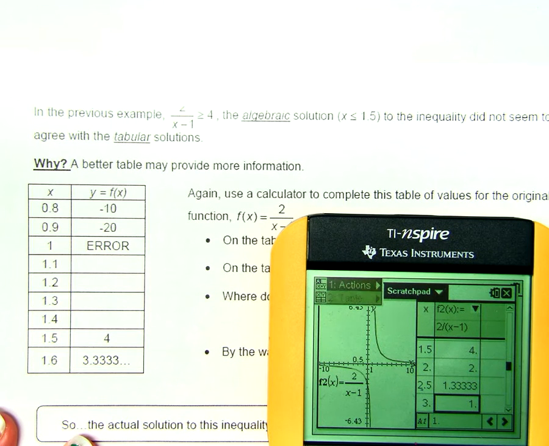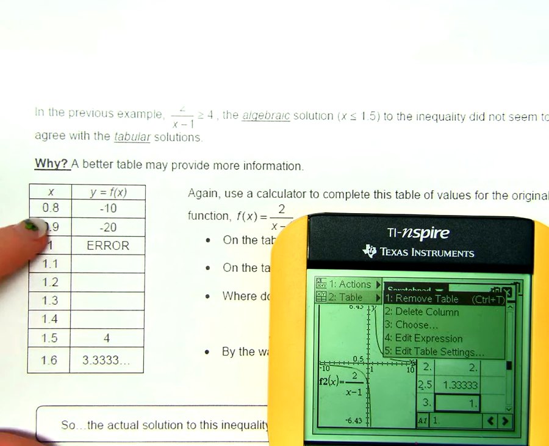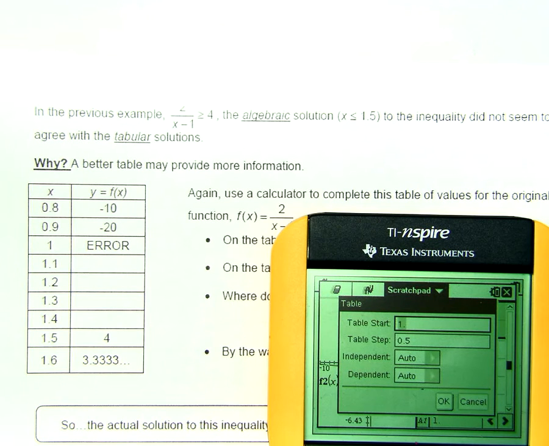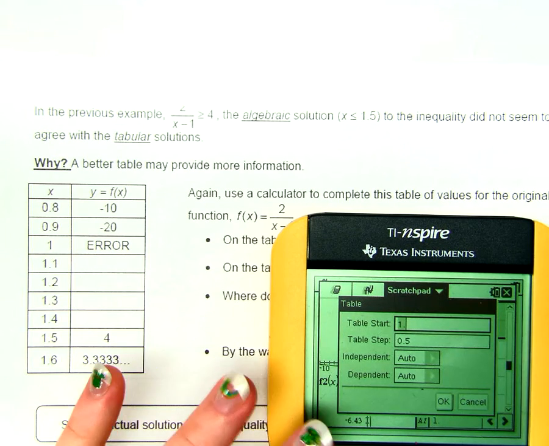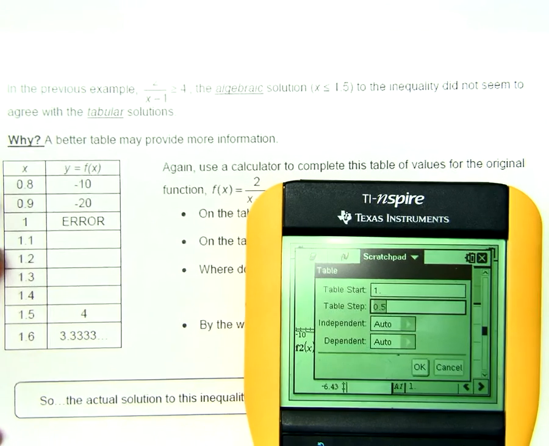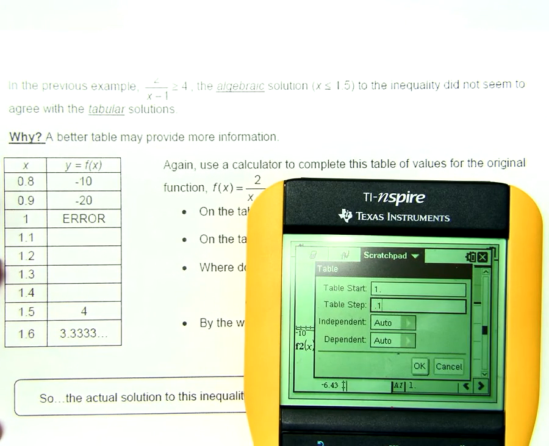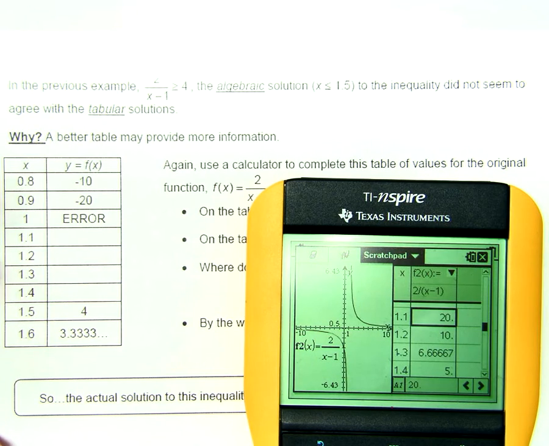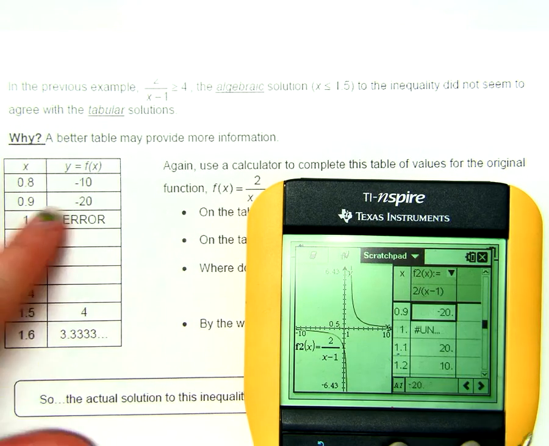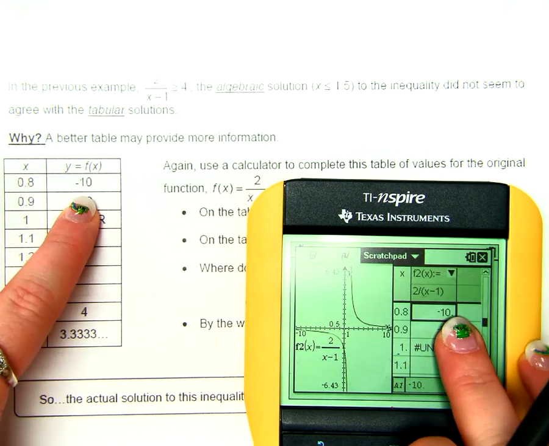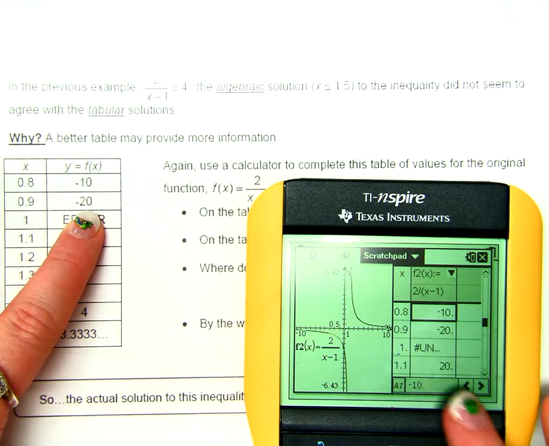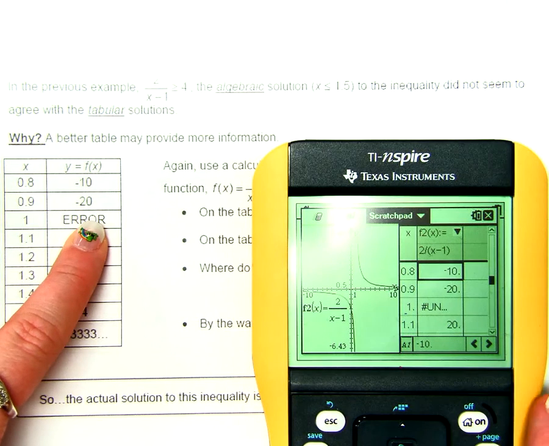Menu, table. And let's make our table look more like this. So we have to edit our table settings again. We still want to start around 1. We can always adjust it if we need to, but how do we want our table to count? By 0.1. Okay? So 0.8 is -10. 0.9 is -20. 1 is an error.